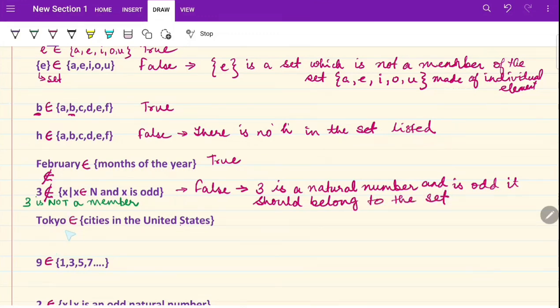The next one says Tokyo is a member of the cities in the United States. Again, this is false because Tokyo is a city in a different country. United States is a country, and Tokyo is not one of the cities in the United States. So this is false. Again, always back it up with an explanation: Tokyo is not a city in the US. So this is a false statement.